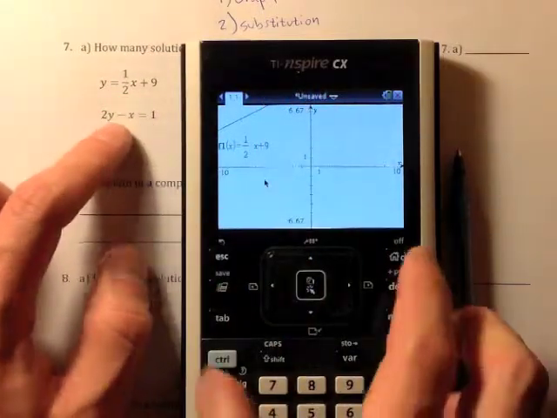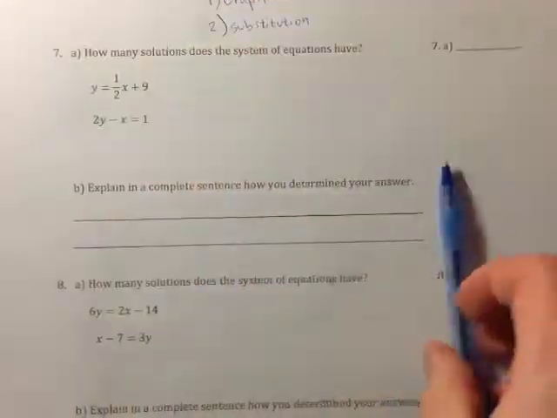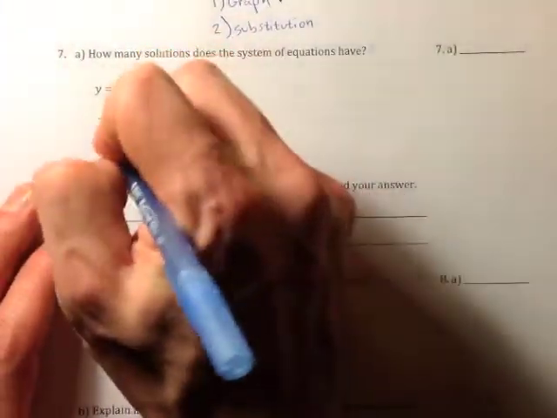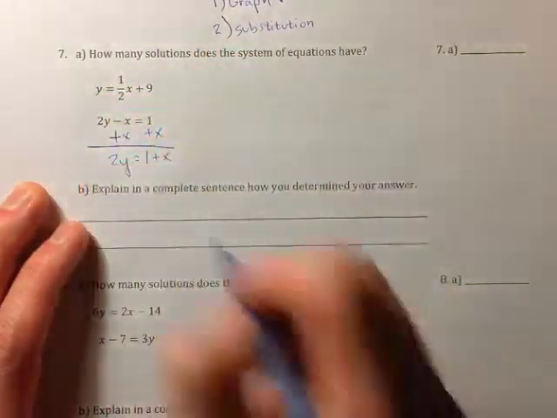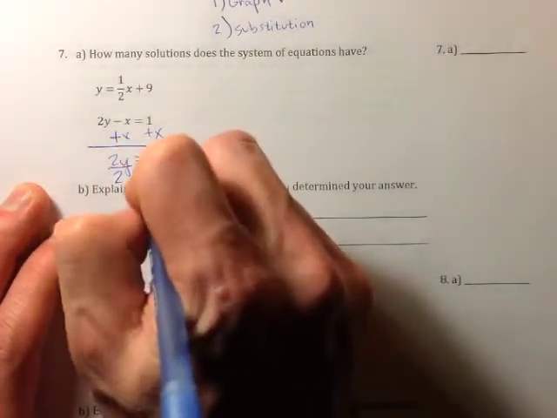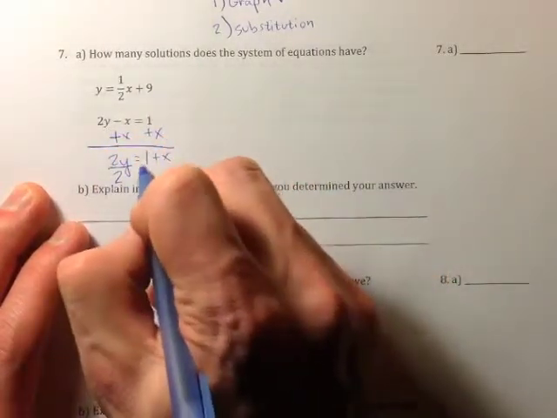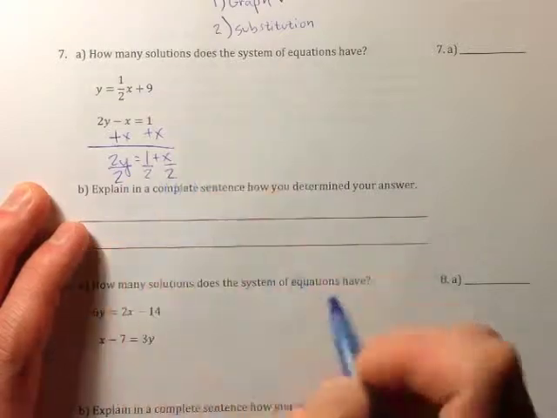Now, how about this next one? We need to solve this second equation for y. So in order to do that, we need to add x to both sides. So 2y equals 1 plus x. And then finally we need to divide both sides by 2. We need to divide everything by 2, is another way of saying that.